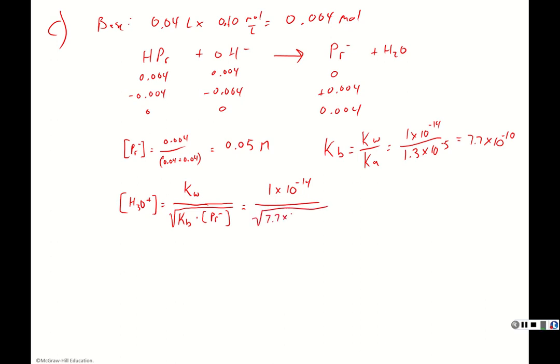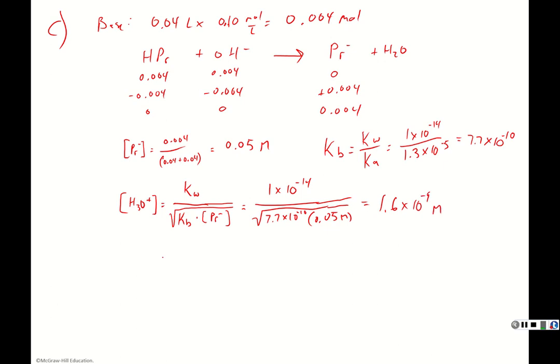So now we can plug these values in. Kb is 7.7 times 10 to the minus 10, and our concentration was 0.05 molar. When we do that, we get 1.6 times 10 to the minus 9 for H3O+.